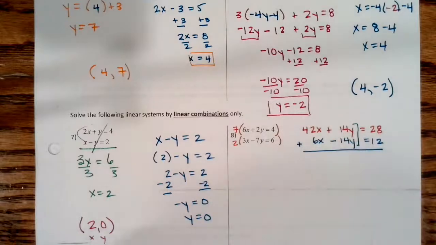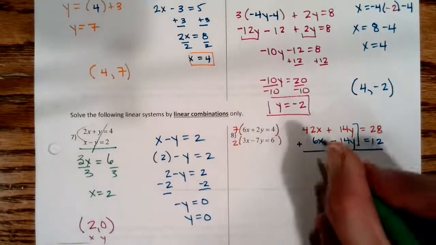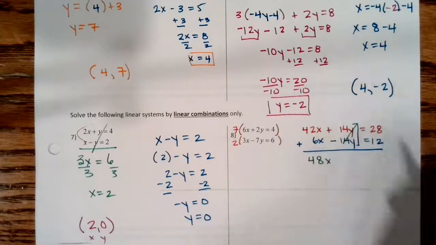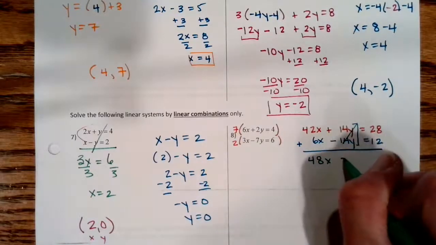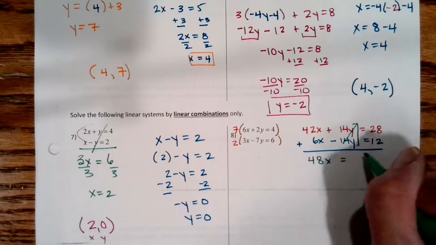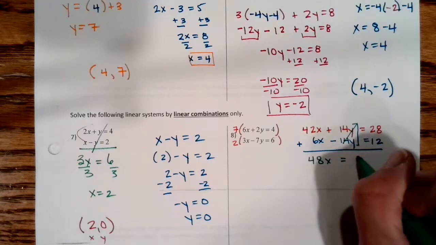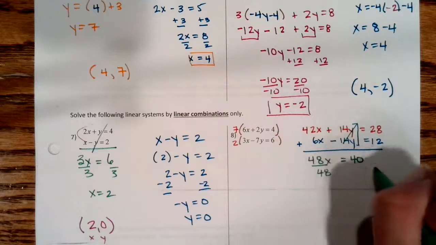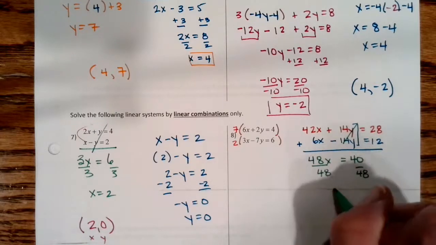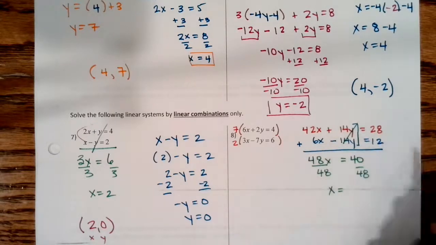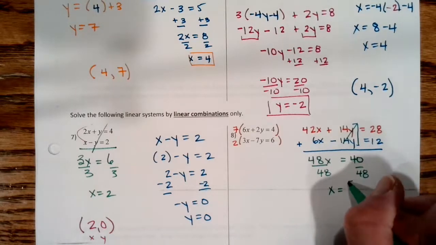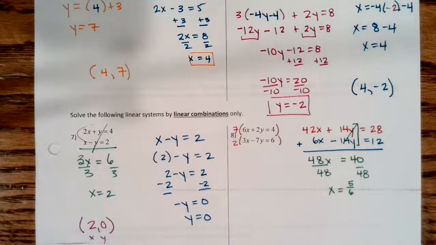I'm going to go ahead and add these two equations. So that gives me 48x, here's my zero pair, that cancels out, is going to be equal to 40. Divide by 48, divide by 48, and I get x is equal to, let's see, 8 is a common factor, so that sounds like 5 over 6.